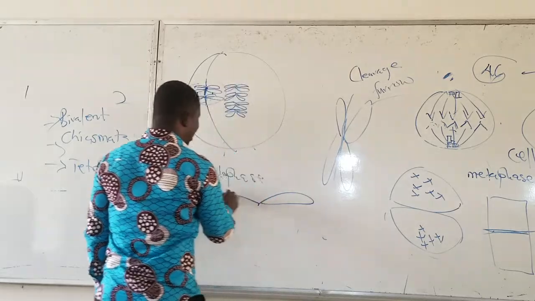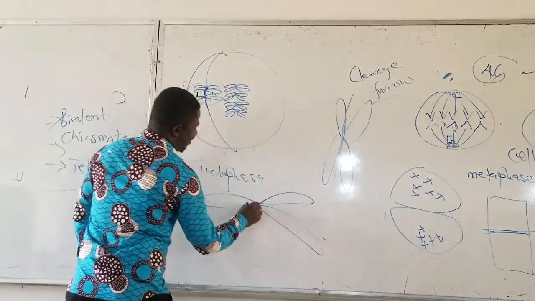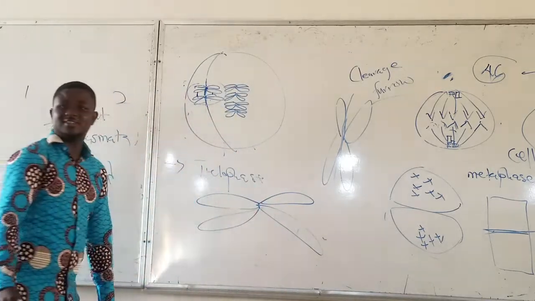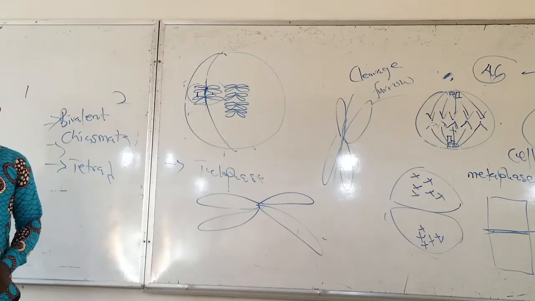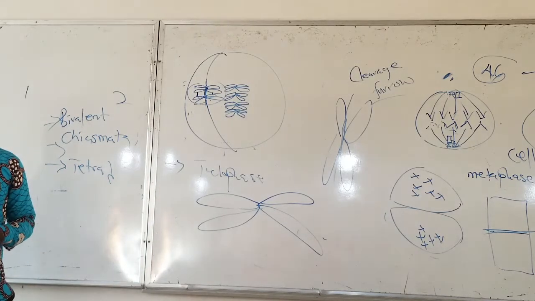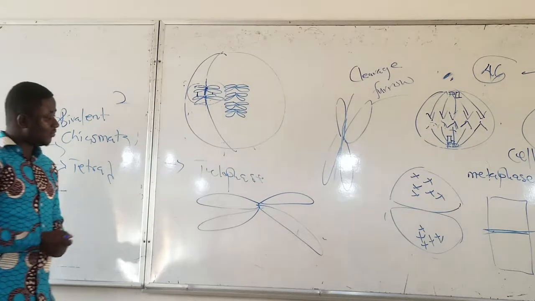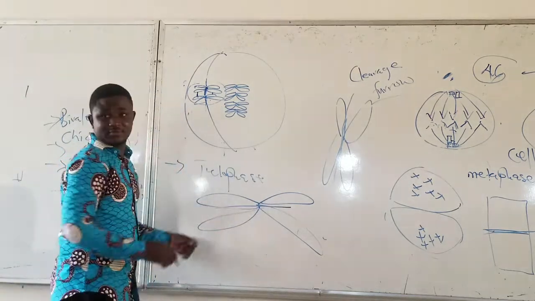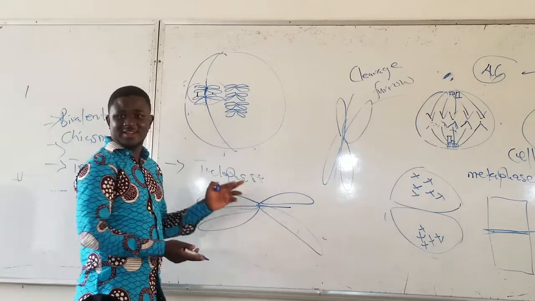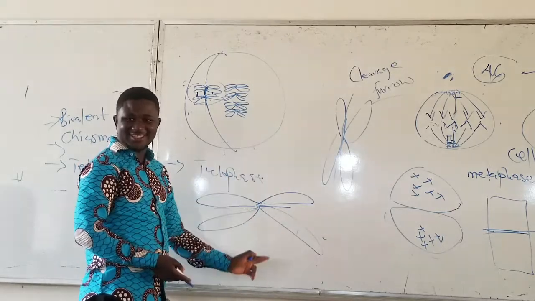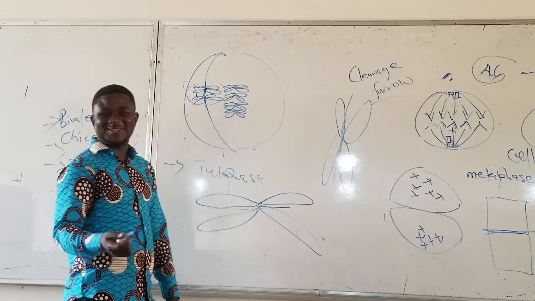Like this. So considering the 2 chromatids, we can see that the centromere divides these 2 chromatids at a point. Like this, or like this.